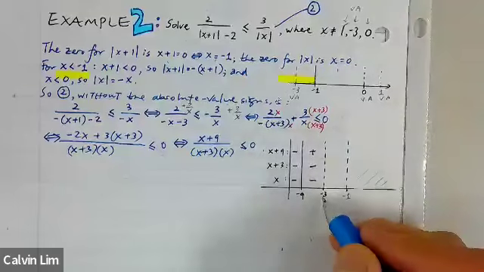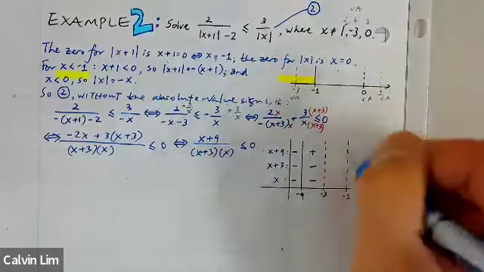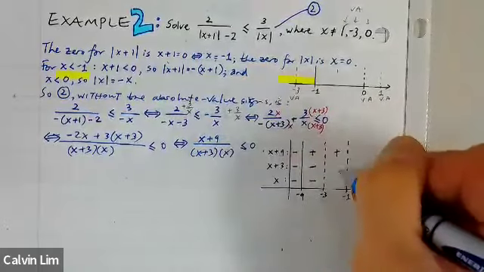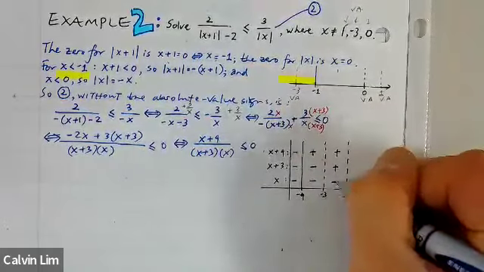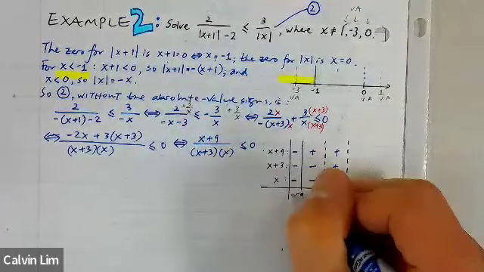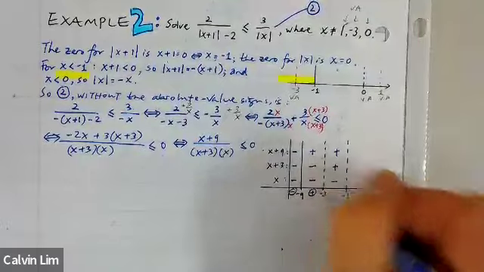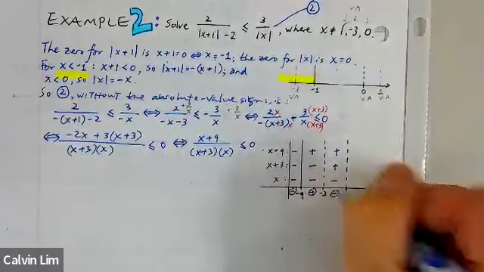When x is between -3 and -1, x plus 9 is positive, x plus 3 is positive, x is still negative. So the overall results are negative in this region, positive, and negative.